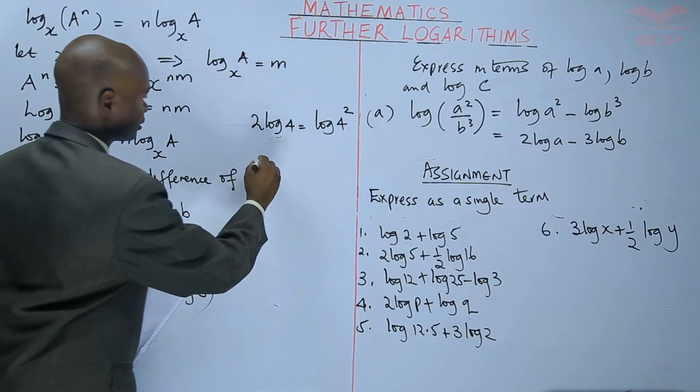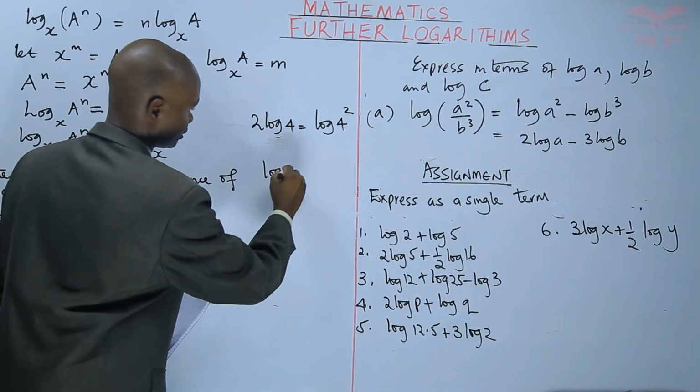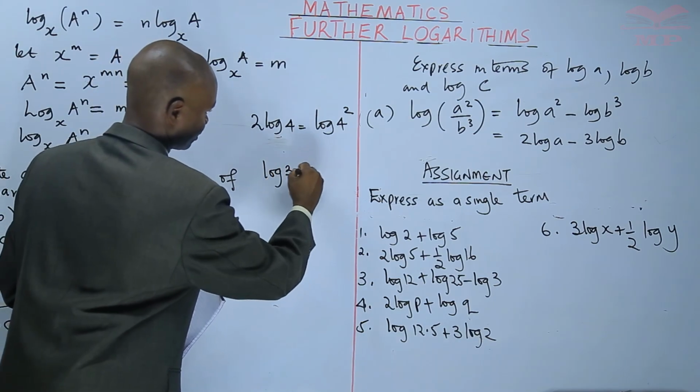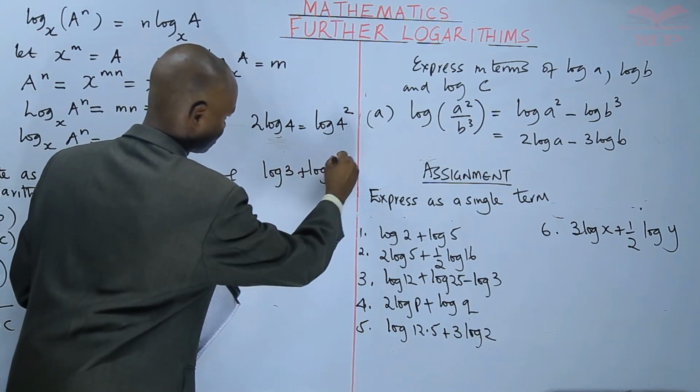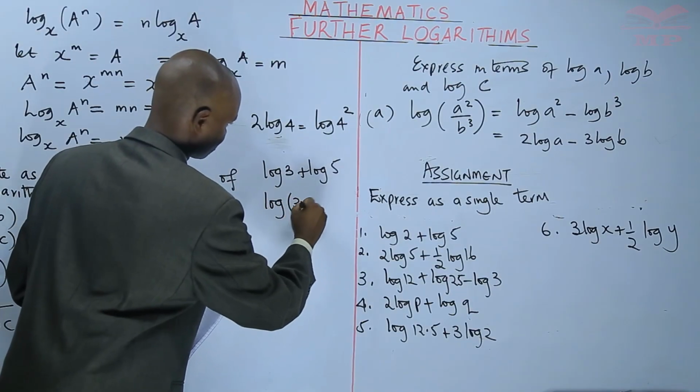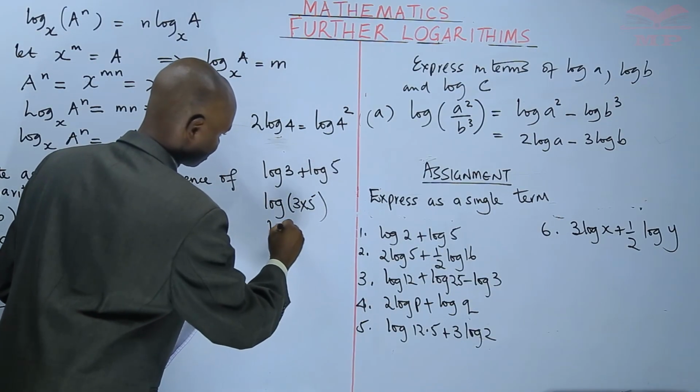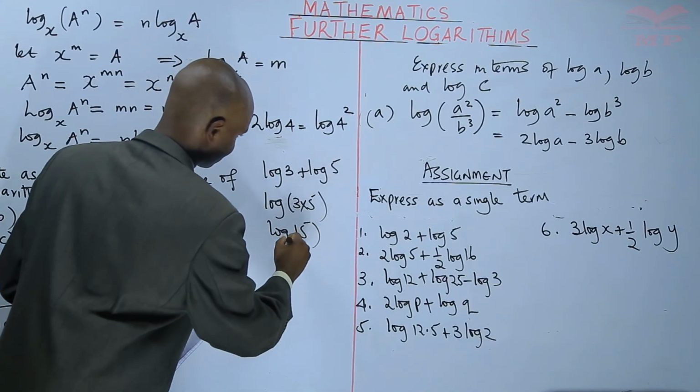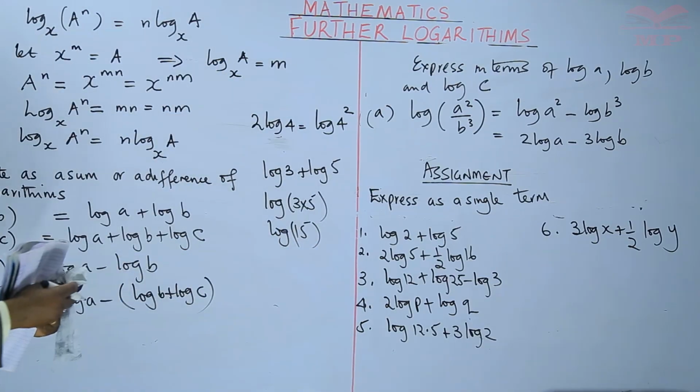Like if we have log 3 plus log 5, it will be log 3 times 5. So this becomes log 15. I have written it as a single term.